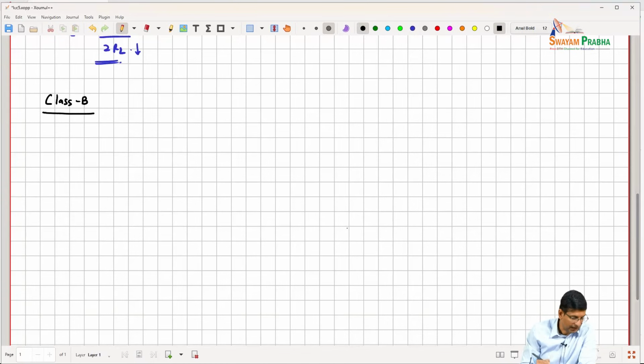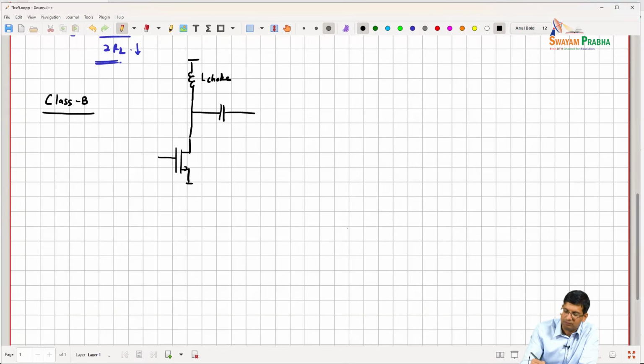Again, consider this device, and again we'll bias it with an L choke. In subsequent things we will see how to absorb all of this into our network itself.